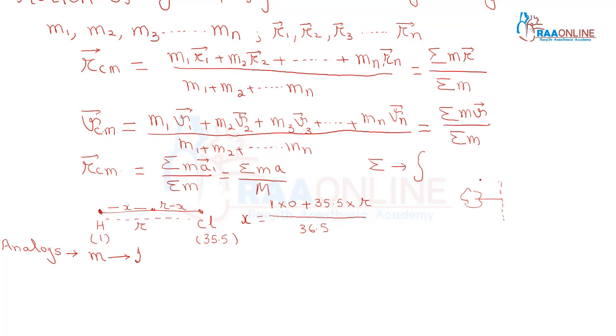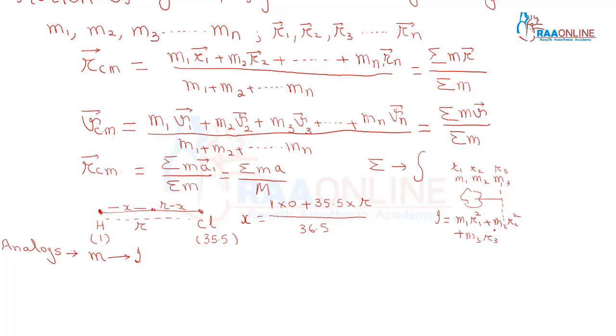All particles have masses m1, m2, m3, and from this rotational axis their distances are r1, r2, r3. Then moment of inertia is defined by the summation of mass times distance from the rotational axis squared. This is known as moment of inertia.